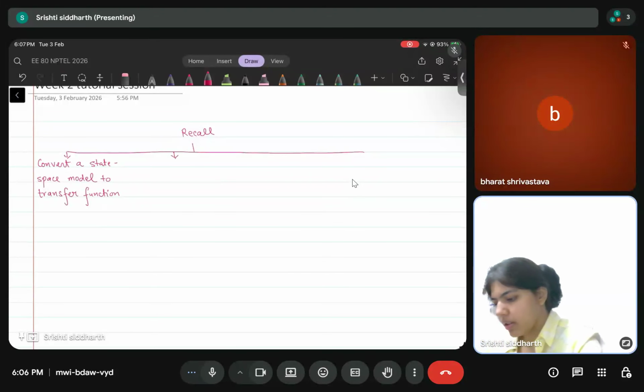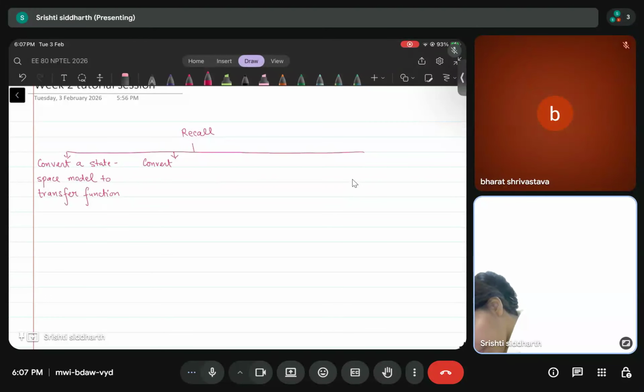The second one is to convert a given transfer function to a state space model.